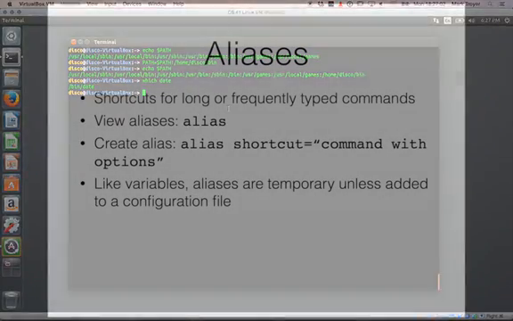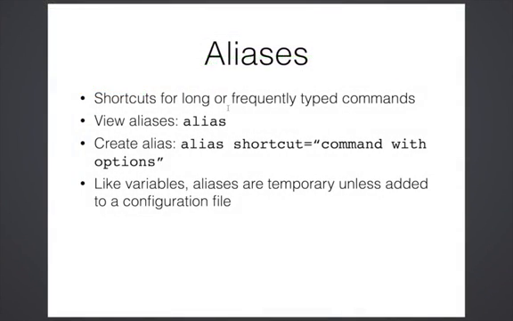And shell aliases could be thought of as similar to shell variables. They are a stand-in, generally for a much longer command. So in that case, they're holding a value. But in the case of aliases, you can use them like commands.